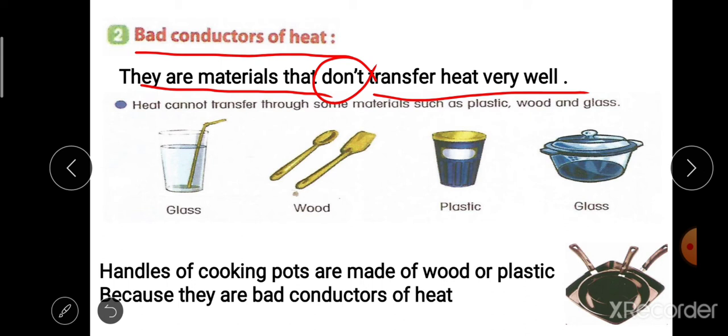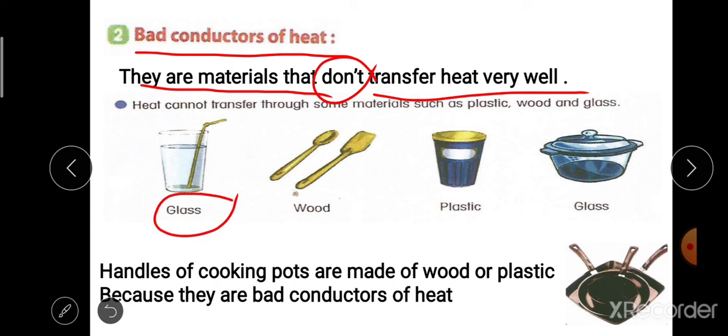So again, what are the bad conductors of heat? Repeat after me. They are materials that don't transfer heat energy very well. Like what?